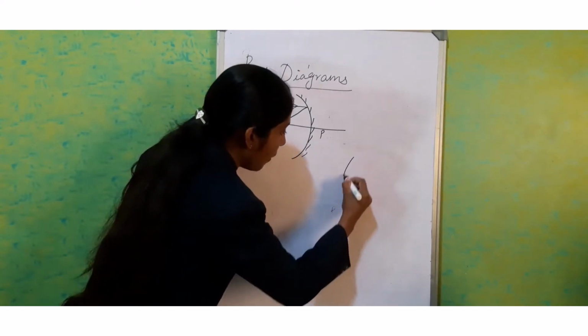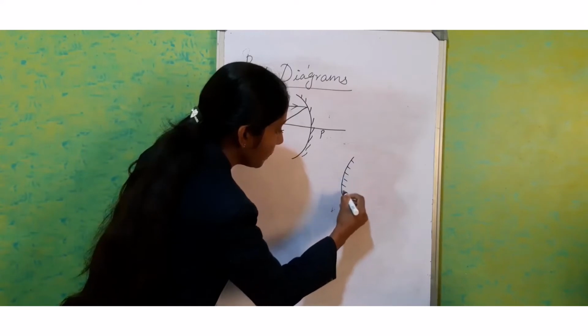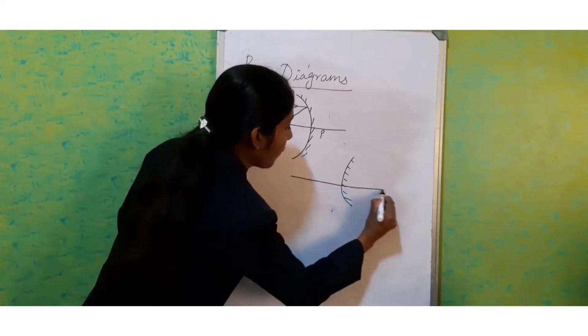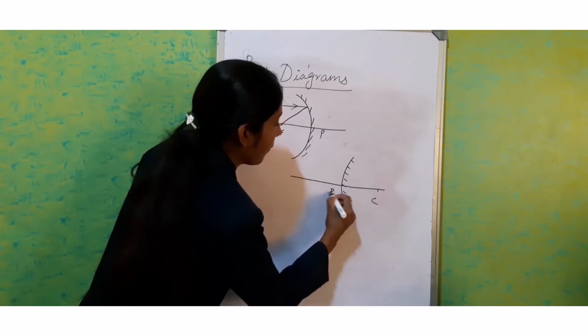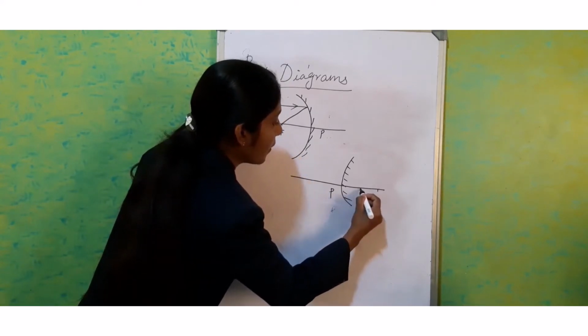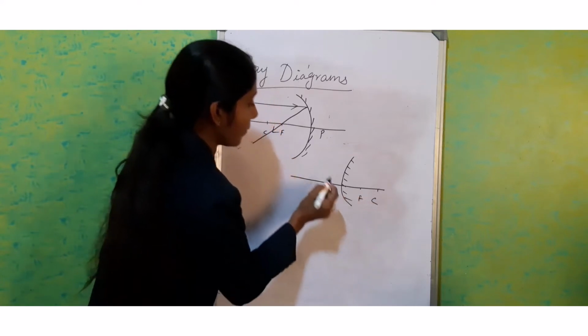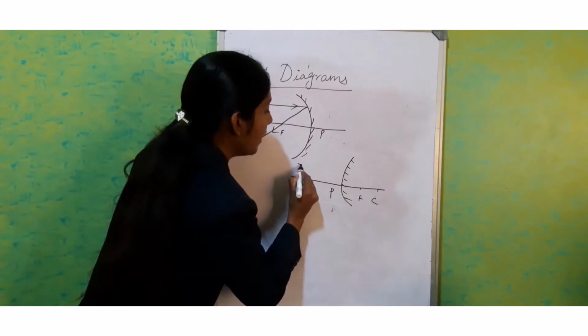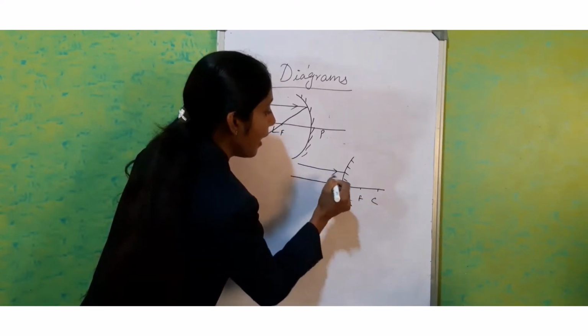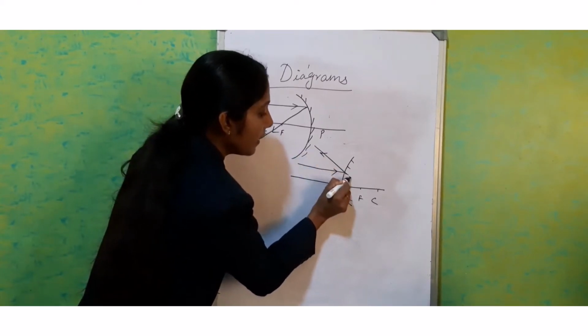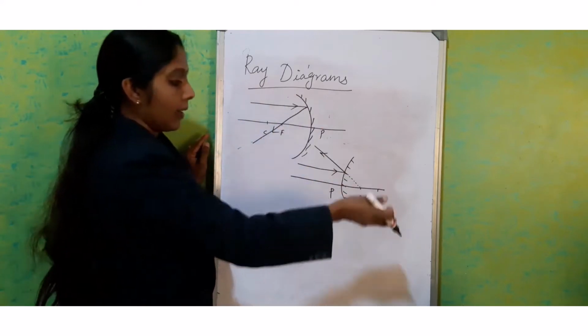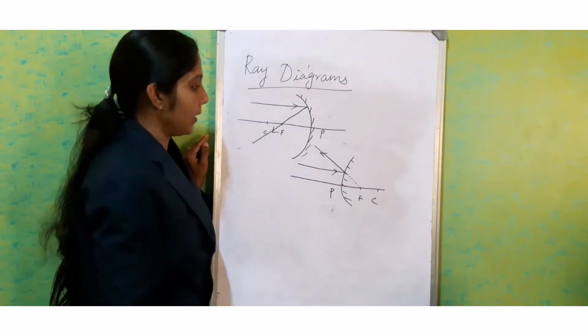As in the case of convex mirrors, this is the focus. A ray parallel to the principal axis, after reflection, moves up this way. If you extend it, it appears to come from the principal focus.